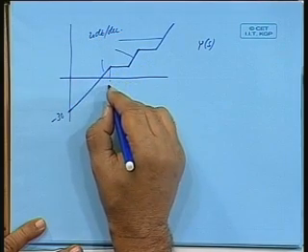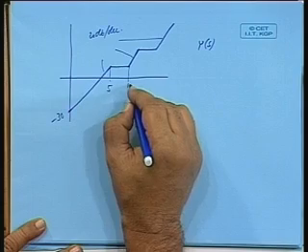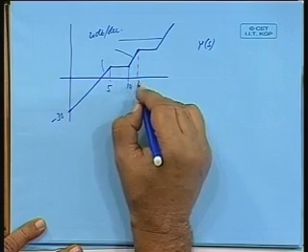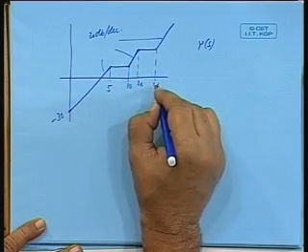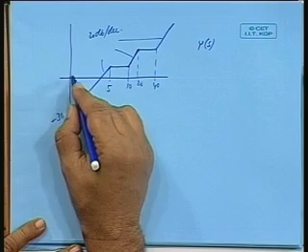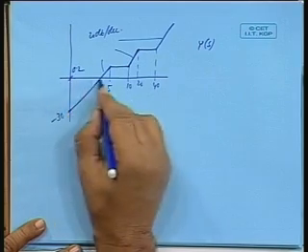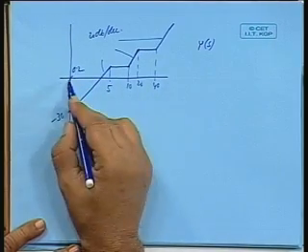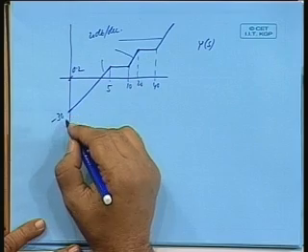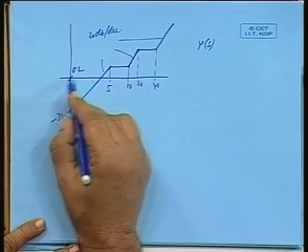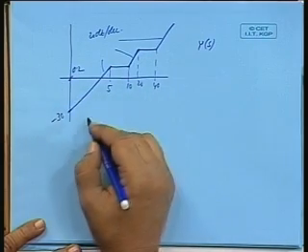This is 5, 10, 20, 40. This is 0.2. These are not to the scale exactly. This is 0.2, minus 30. What will be the value of Y(s)?